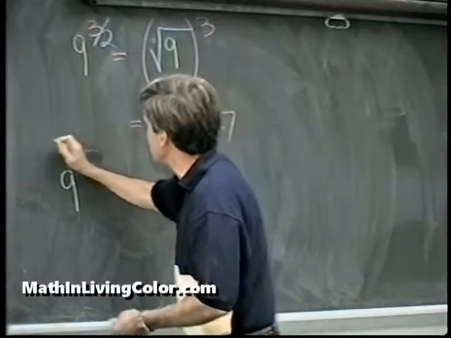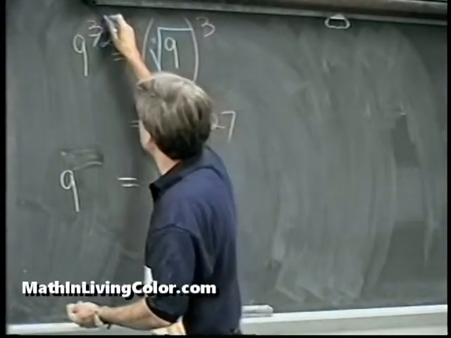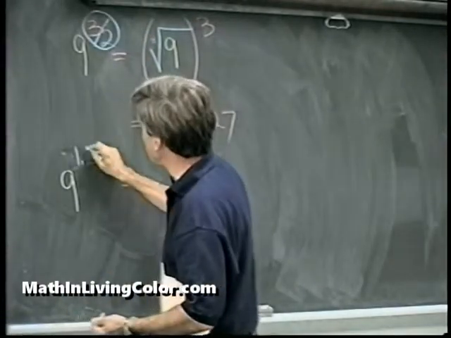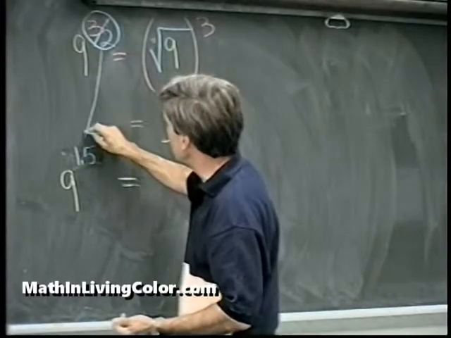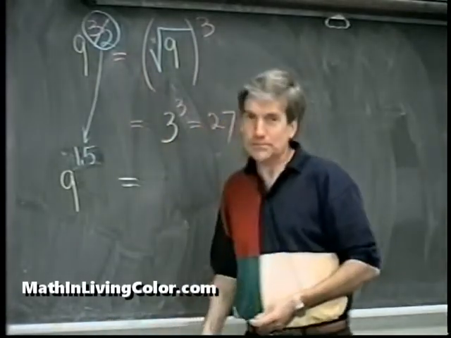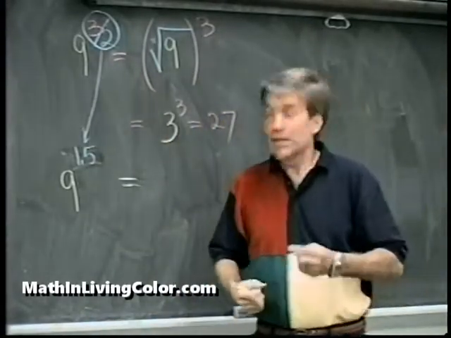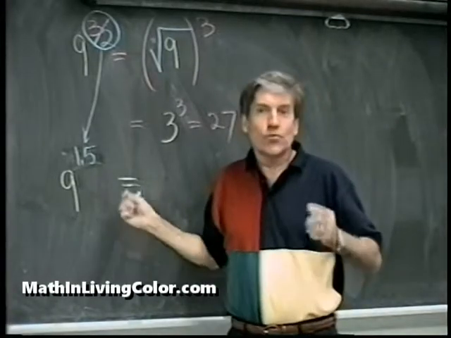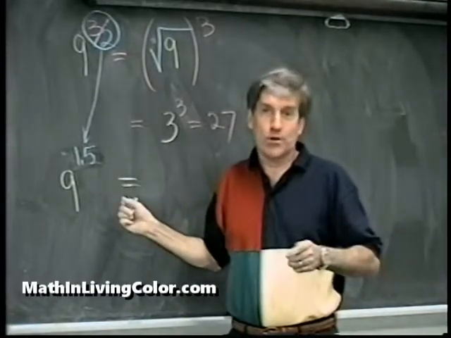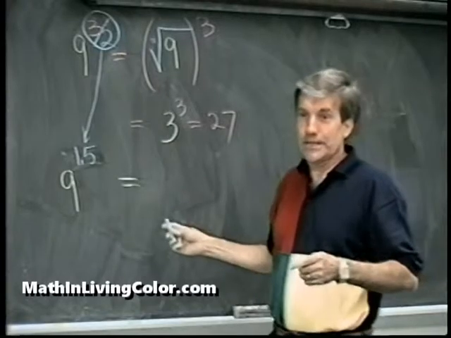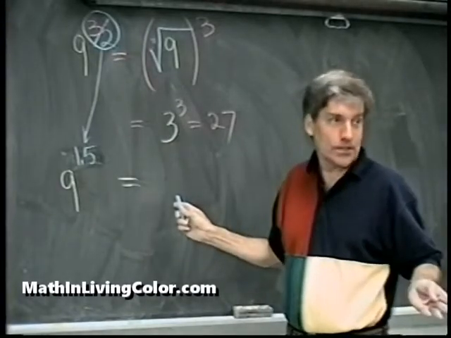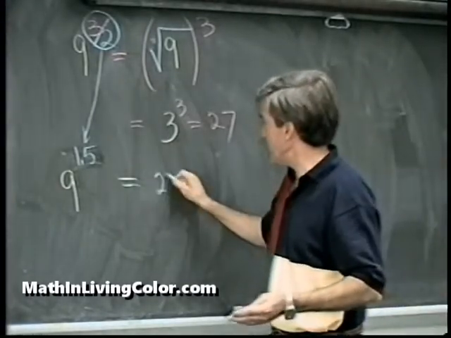Can you see that that's this right here? This power is the 1.5 power. Okay? And do the calculator. 9 raised to the 1.5 power. Did it come out 27? Yeah. Okay. All right. 27.